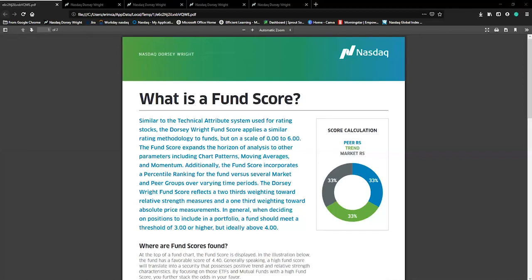What that tells you right off the bat is that Dorsey Wright thinks relative strength should be overweighted when you're evaluating a fund. And that's exactly what the Fund Score algorithm does, giving preference to the relative strength aspect and also to price trending, because those are important key concepts. So you can think of the Fund Score as equally moving around a third on these important dynamics.